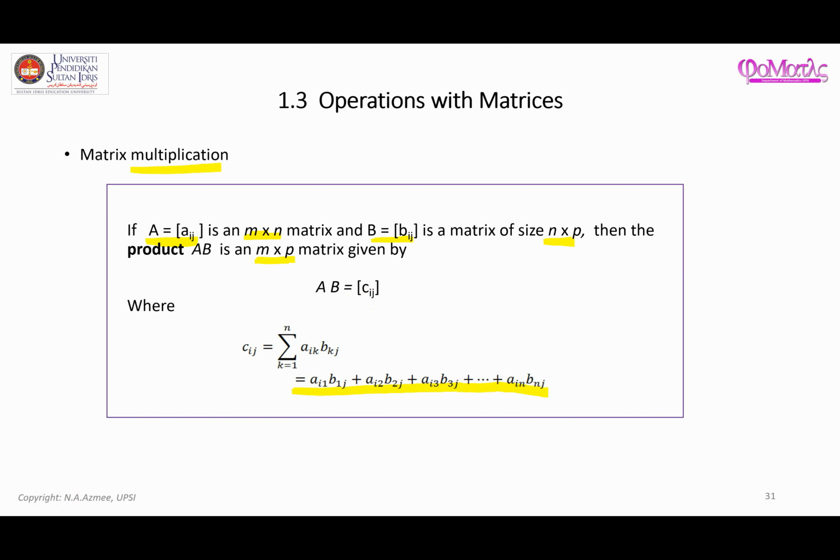So here we have two matrices, A and B. A is defined as Aij, and the size is m times n.